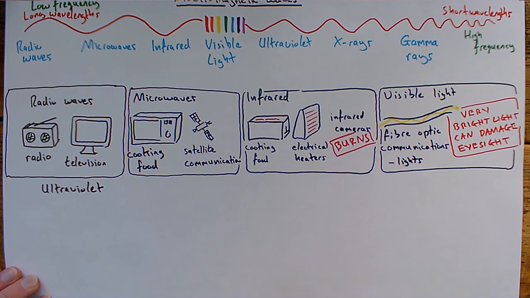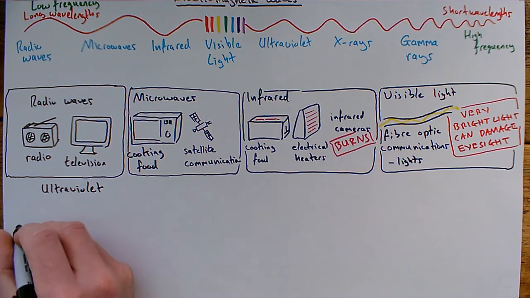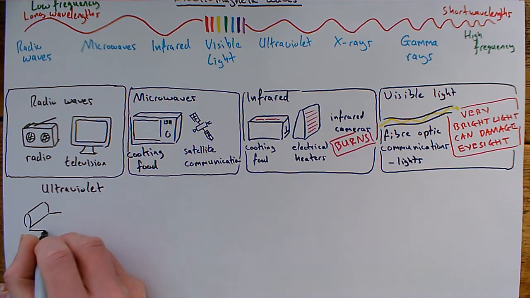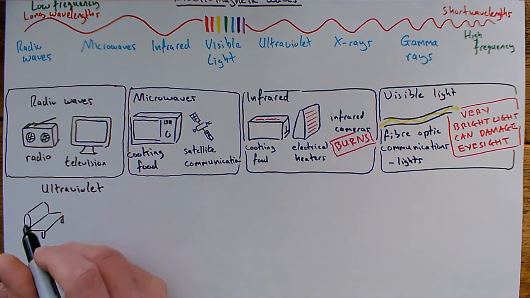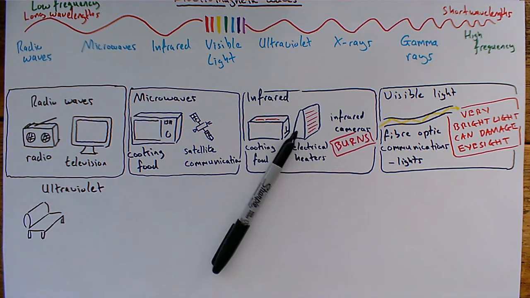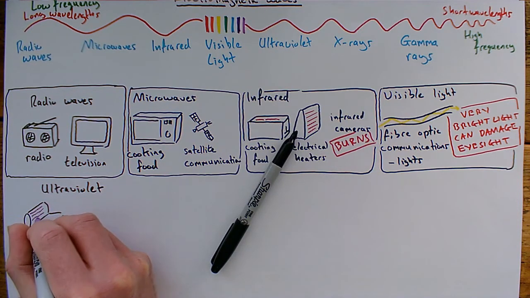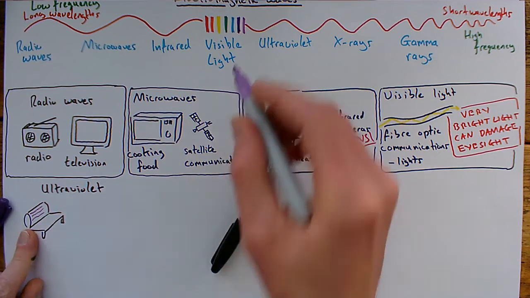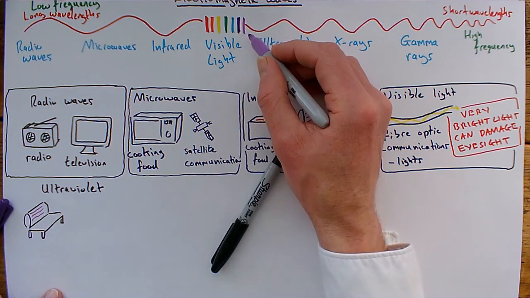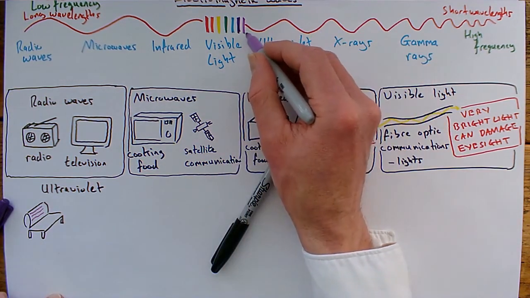A few uses for ultraviolet. One of those could be in sunbeds, and you might have a tanning salon. And if you can see it, it's not ultraviolet. But some of the ultraviolet light might be going into the visible violet part of the spectrum.